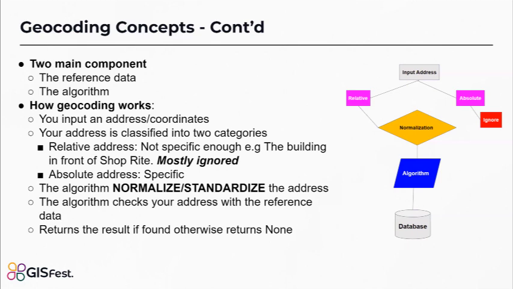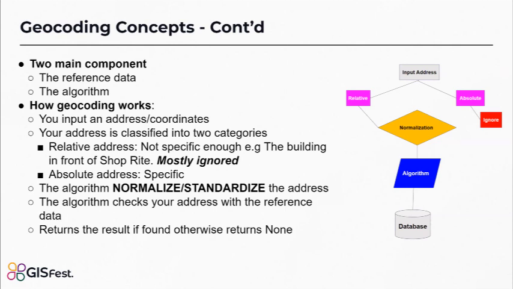Then the algorithm is the one that will do the matching for you. So this is how the algorithm works. When you input your address or coordinates into the searching system, the address is classified into two types. If it makes sense to the system, that is, if you input something like number 87, some street, a particular state or a particular region, that's a proper address.